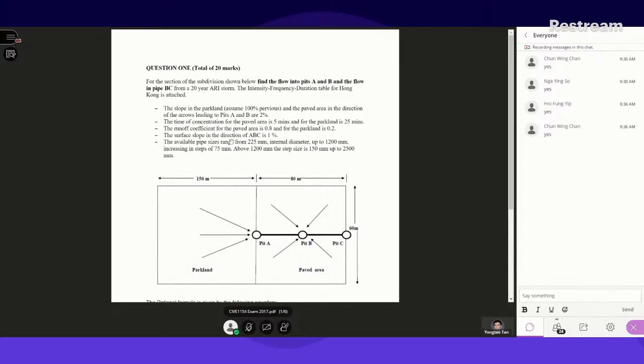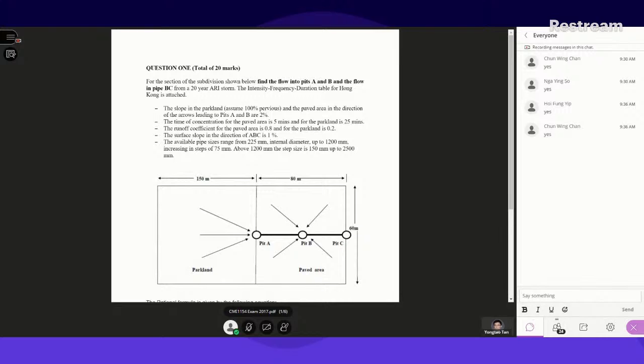The time of concentration of the paved area is 5 minutes, and the parkland is 25 minutes. So it is easier now because the time of concentration is given here. The runoff coefficient C for the paved area is 0.8, and for the parkland is 0.2.